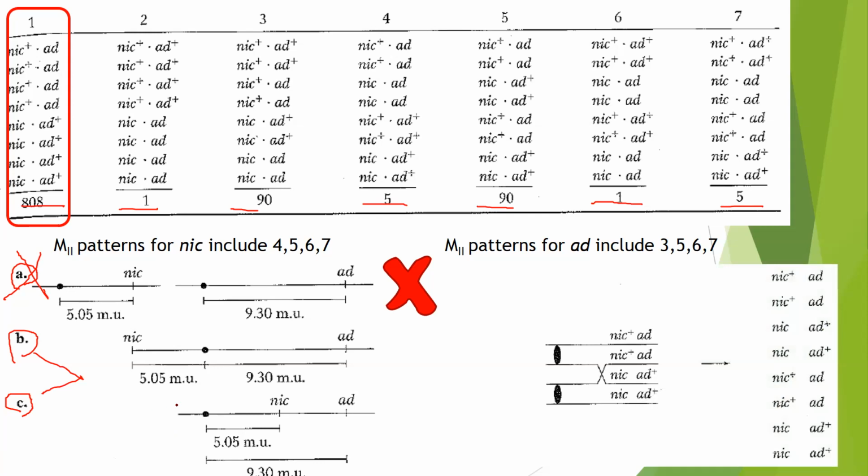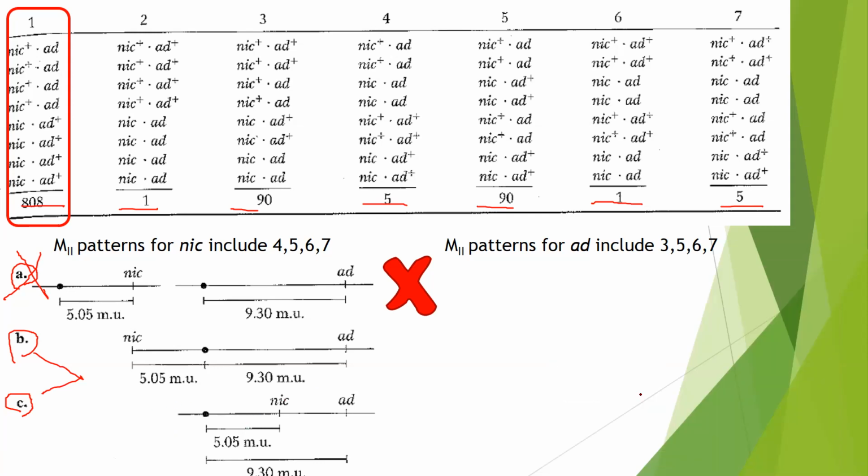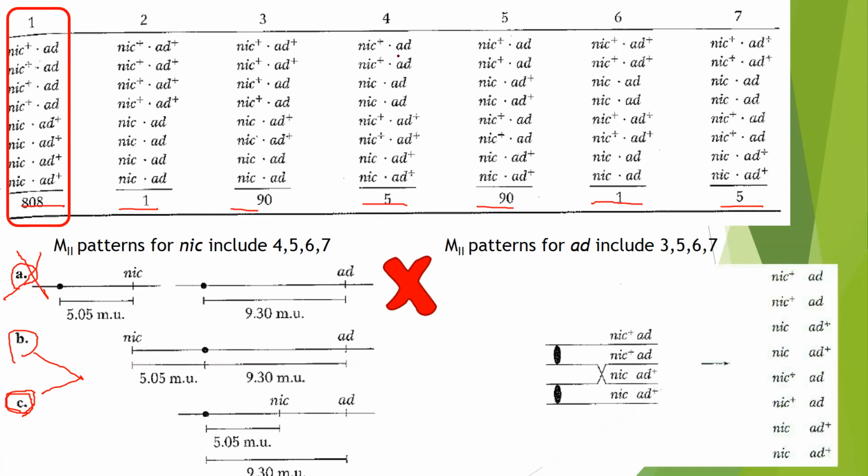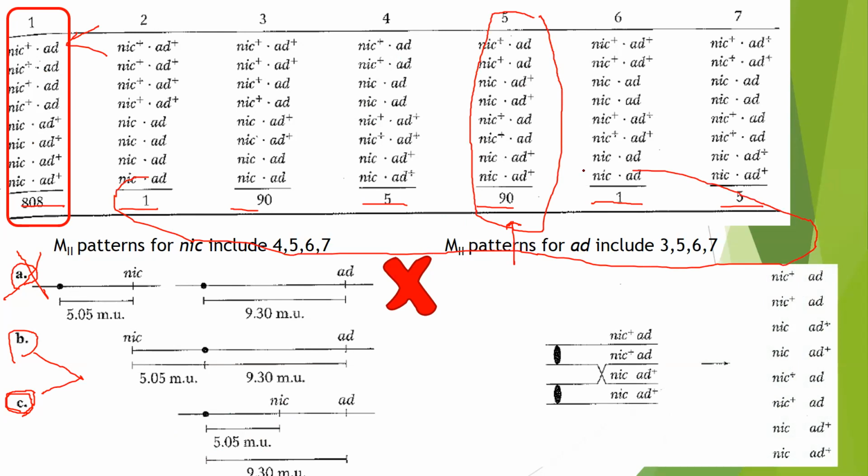Okay, now suppose C is correct, all right? And when we look at this one, because this is the parental type, and those are the ones somehow involving crossing over, right?